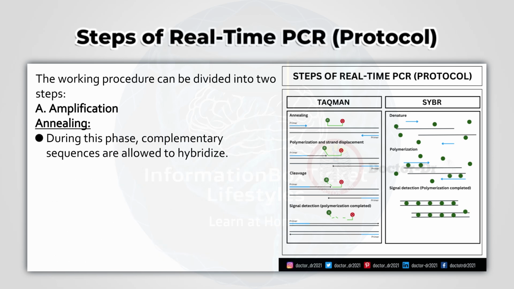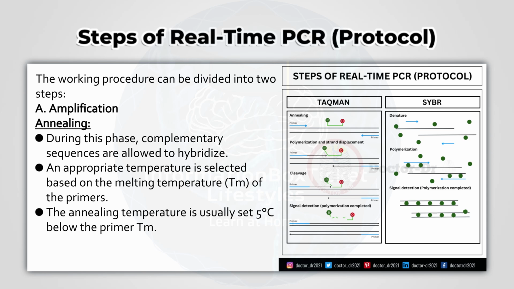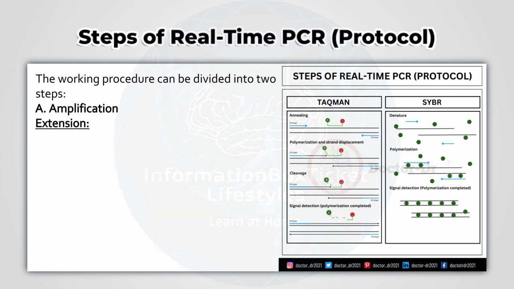Annealing. During this phase, complementary sequences are allowed to hybridize. An appropriate temperature is selected based on the melting temperature, Tm, of the primers. The annealing temperature is usually set 5 degrees Celsius below the primer Tm. Extension.